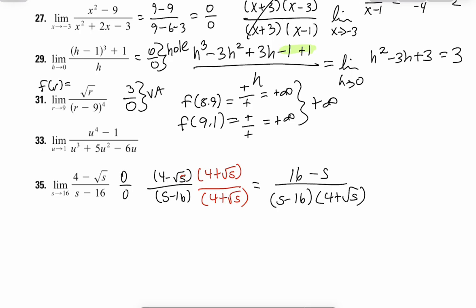Now, 16 minus s and s minus 16 are opposites. They can cancel out. You can cancel out a subtraction that is switched as long as you leave a negative one behind. Now, why does that happen? Well, we could rewrite the top like this. I could factor out the negative if I wanted. That's why they cancel and leave a negative one behind.